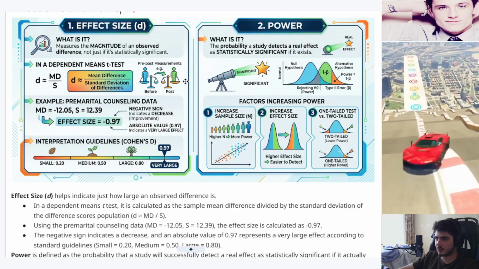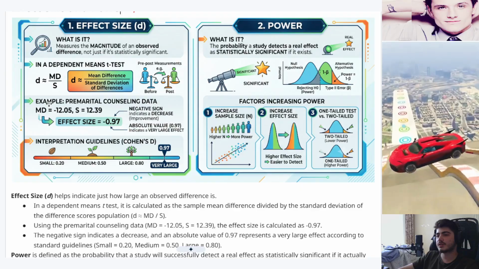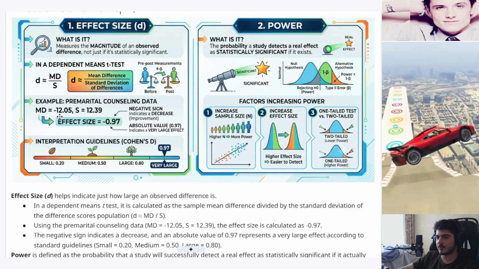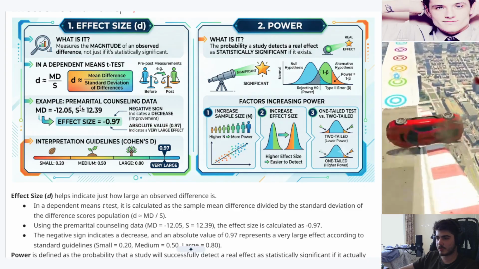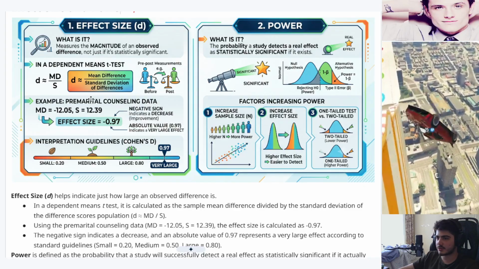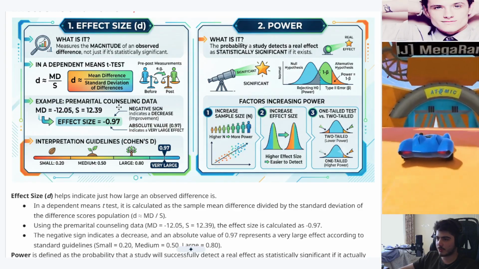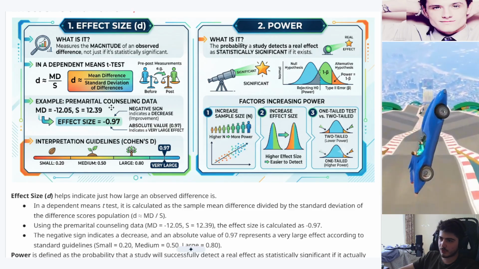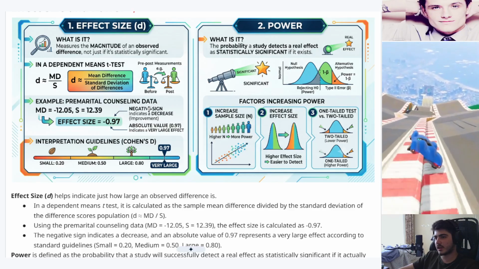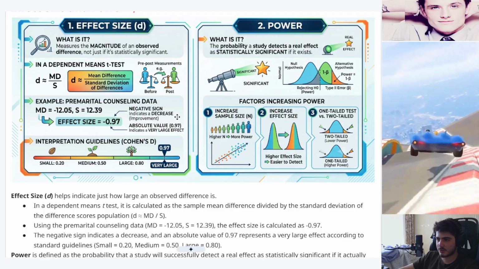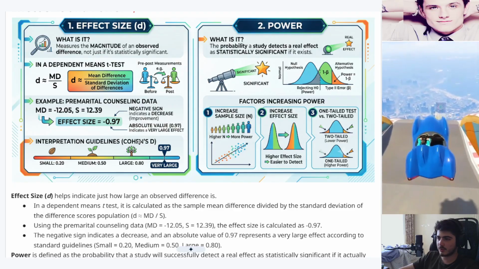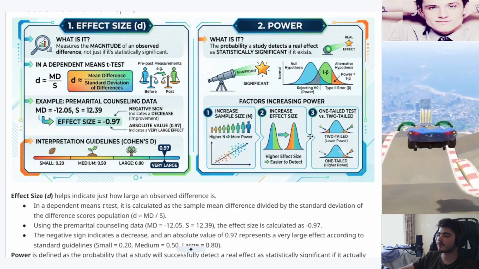So, example, premarital counseling data, MD equals minus 12.05. As we discussed, the spread is 12.39, and the effect size comes out to 0.97. The negative sign shows us that there's a decrease, and an absolute value of 0.97 indicates a very large effect.